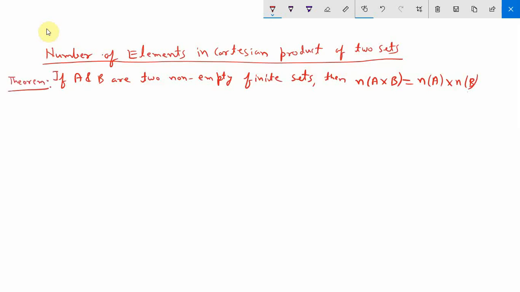It may be directly applied to the problems. Okay, we will see how we can prove this.